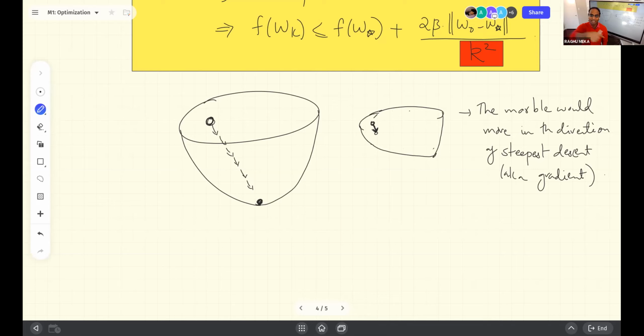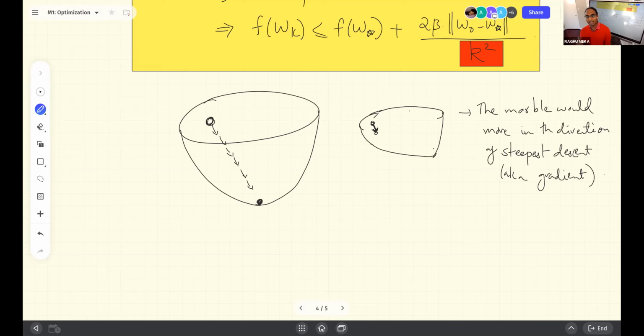But if I already have some velocity pointing in some other direction, what would happen? The direction of the next step would be some combination of my current velocity plus the gradient at that point. And the way it shows the current velocity quantitatively is with the momentum, right?